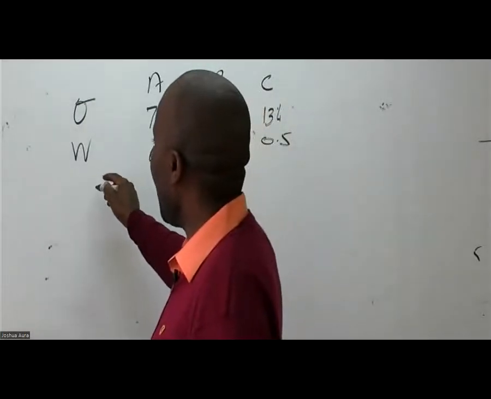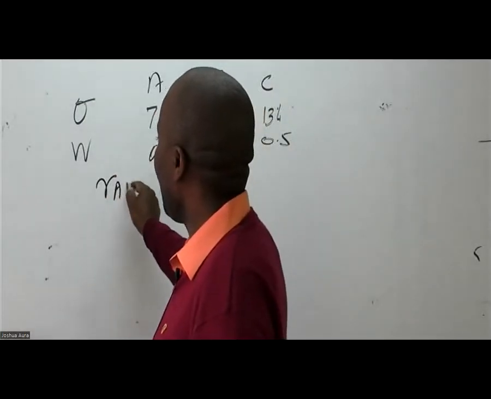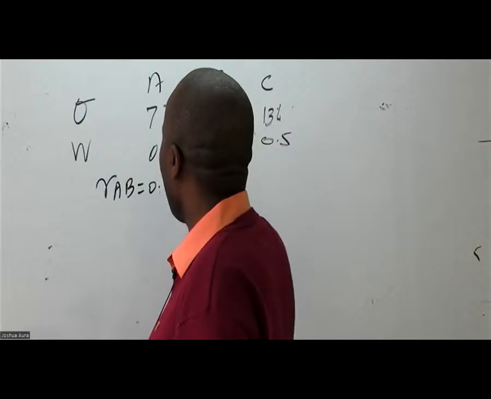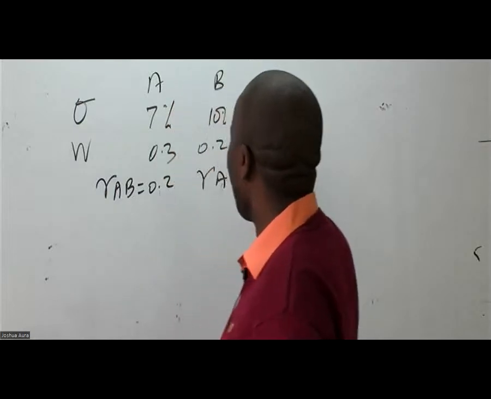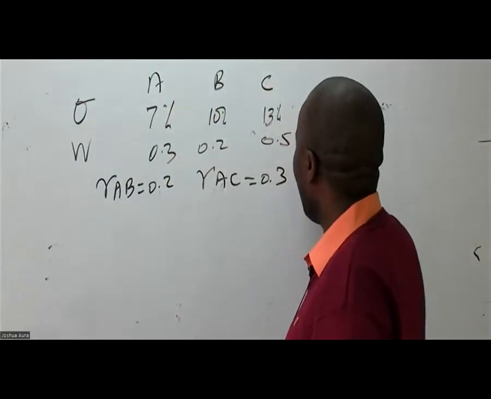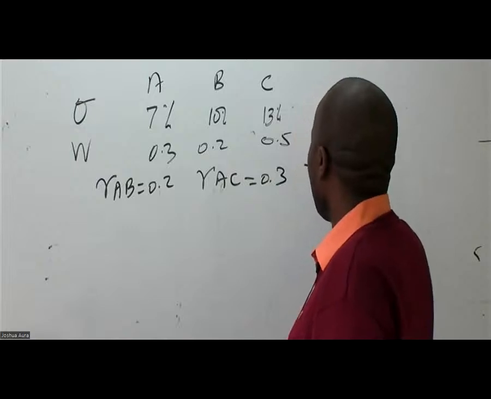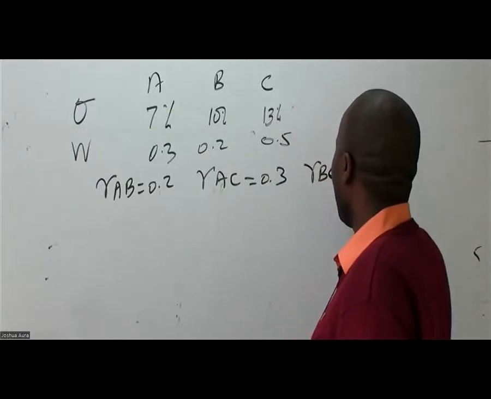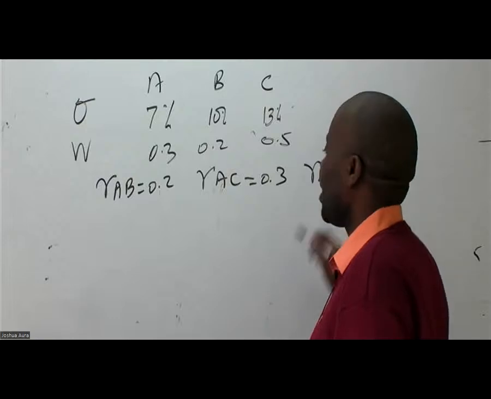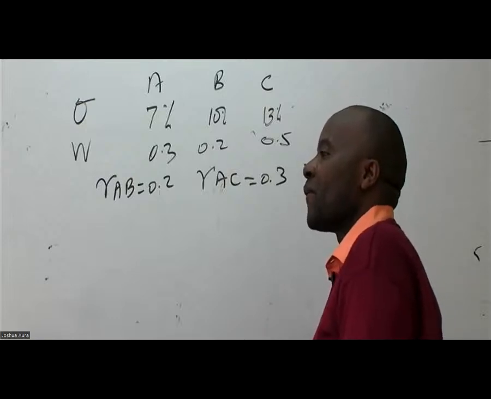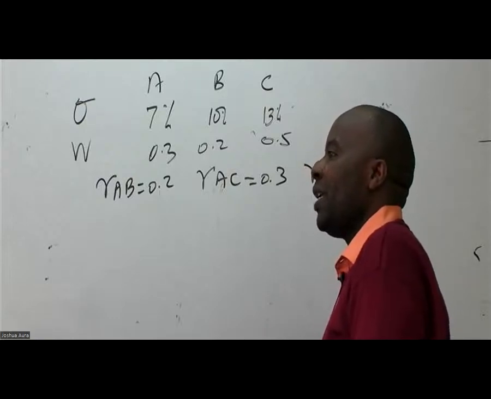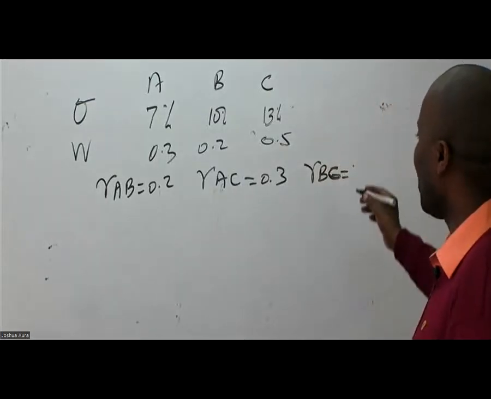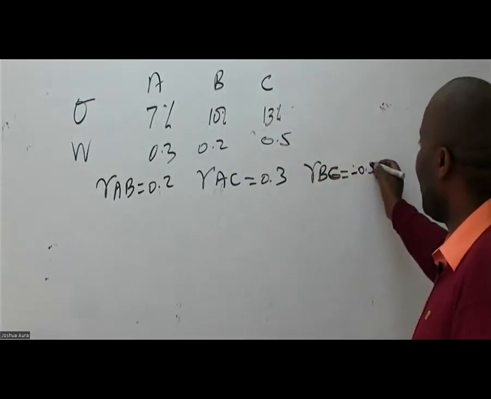They've told us that the correlation between A and B is 0.2, between A and C is 0.3, and the correlation between B and C is -0.5.